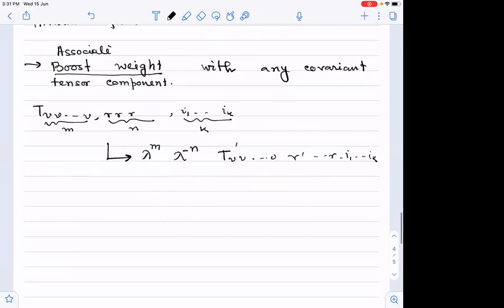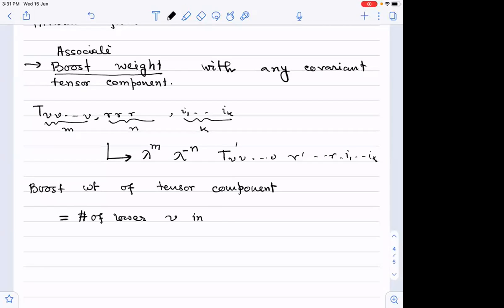So we'll define the boost weight of any tensor component. This part is technical, some definition is needed, as the number of lower V indices minus the number of lower R indices.